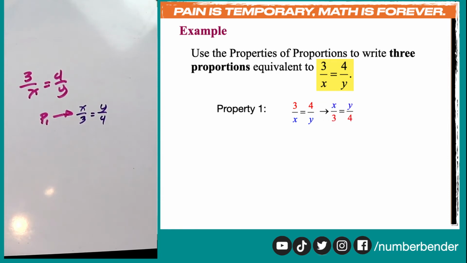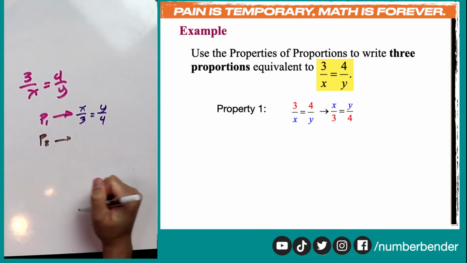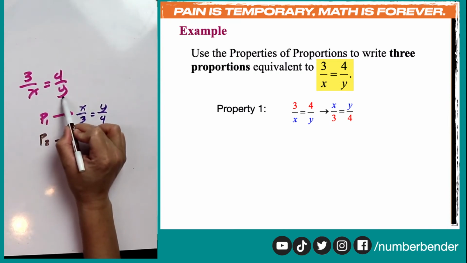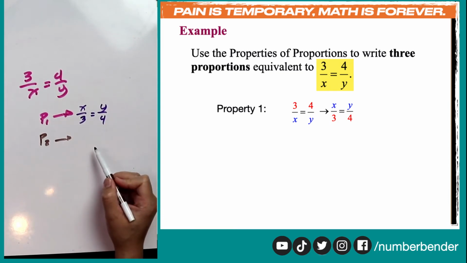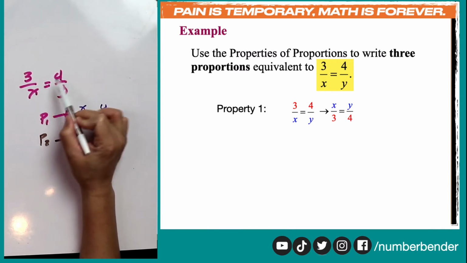And for property number 2, what we can do is switch our means. So that means this will still be the original fraction, 3 over x and 4 over y. And what we are going to do is we're going to switch the value of our means, x and 4, the second diagonal.